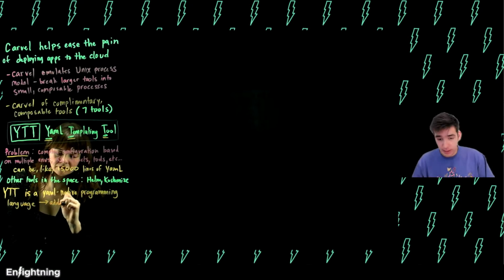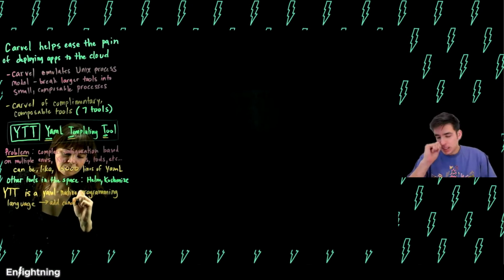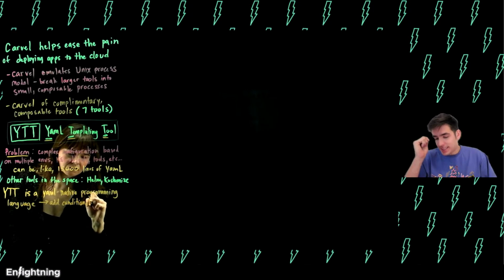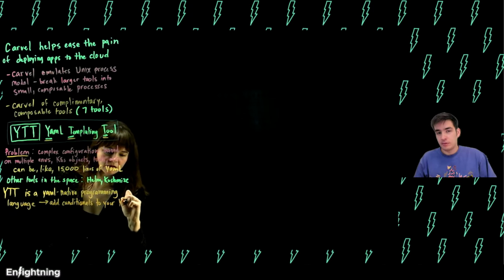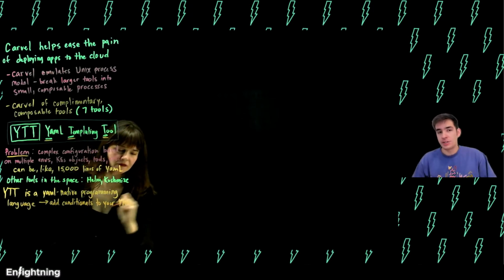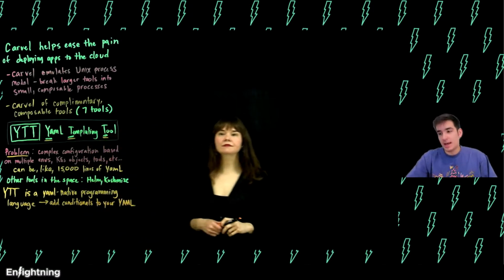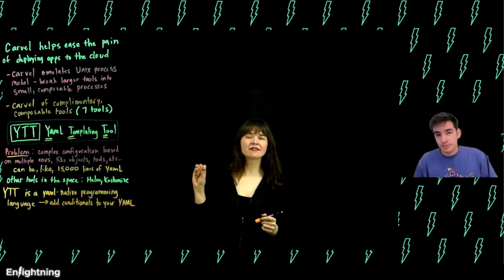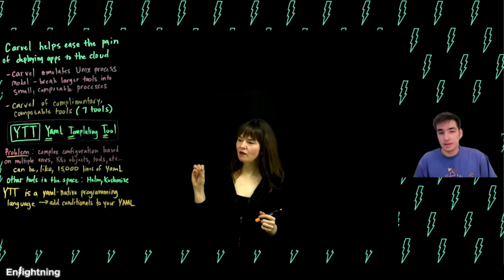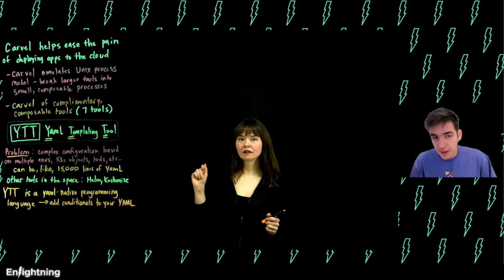That sounds scary. But every YTT program is a valid YAML file. You can put it into a YAML parser. You could potentially even apply it directly to Kubernetes. Every YTT program is a valid YAML file.